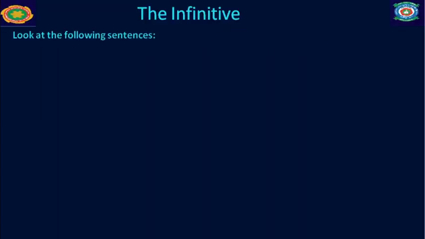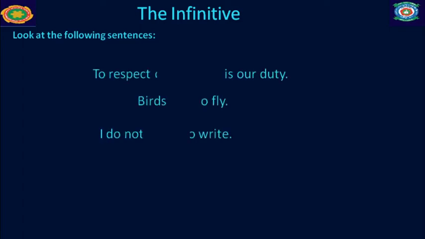So what is infinitive? Infinitive means the base form of verb that is preceded by to. That means, observe here at first to, and after that you can see the base form of verb.